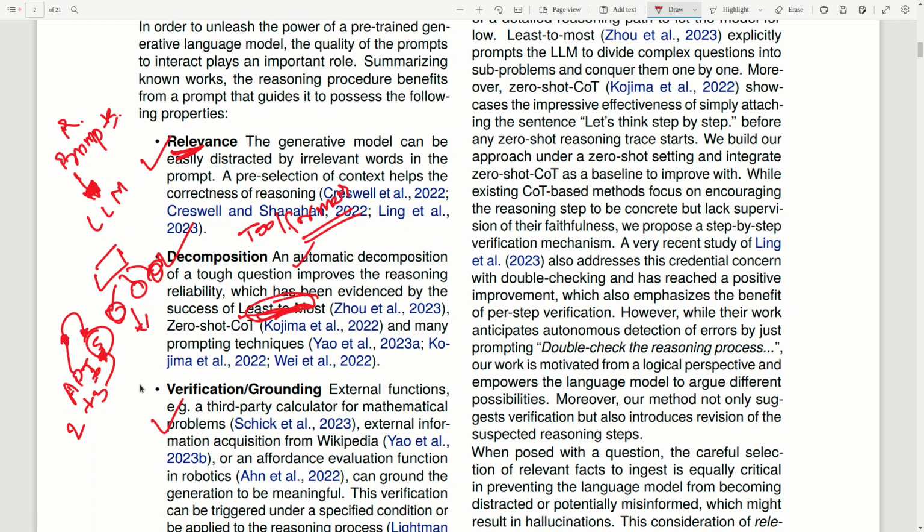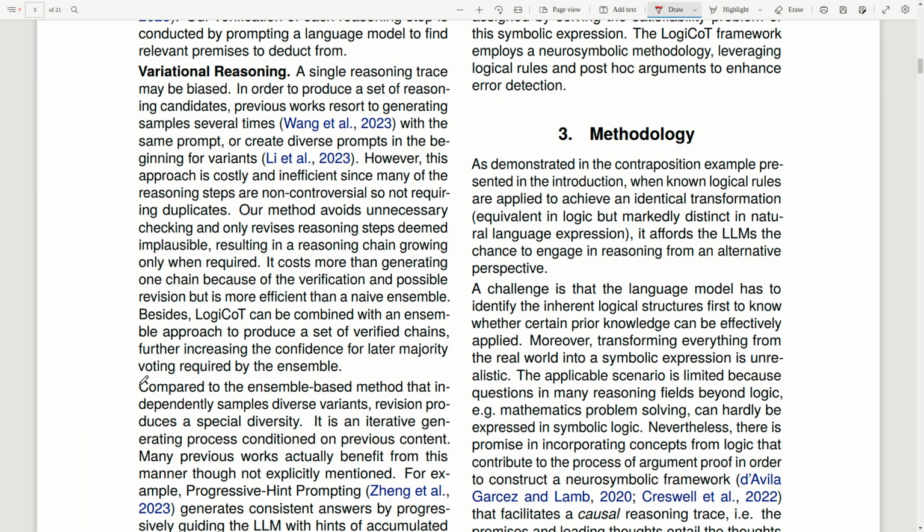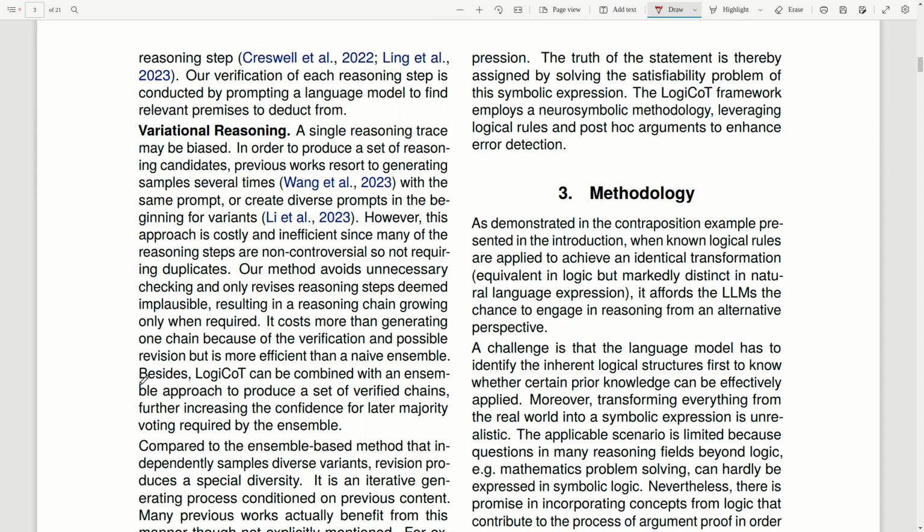By using all these, the logical chain of thoughts aims to improve reasoning ability by effectively utilizing extensive knowledge and establishing a coherent thinking paradigm. What they are talking about in this paper is the idea: let the model talk, plus, let the model think.